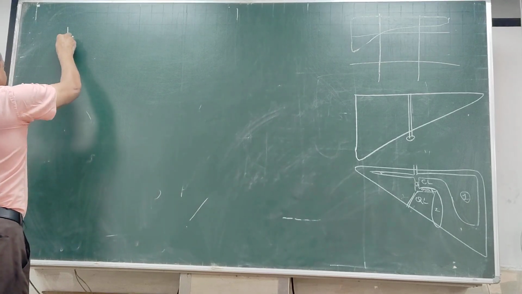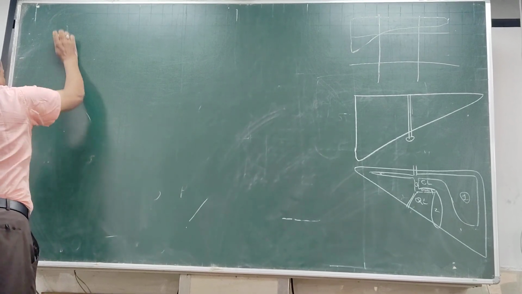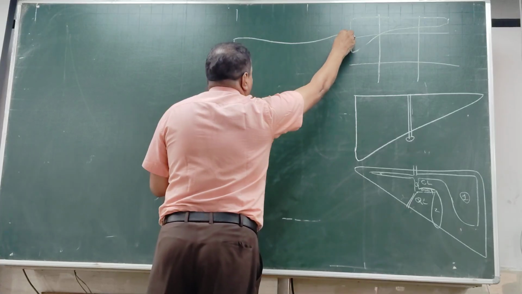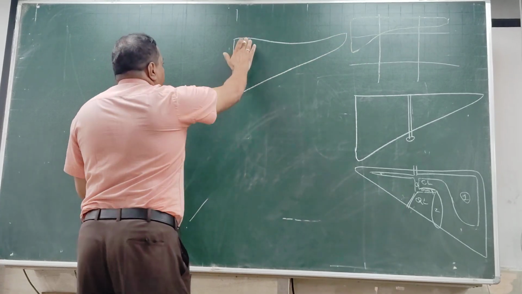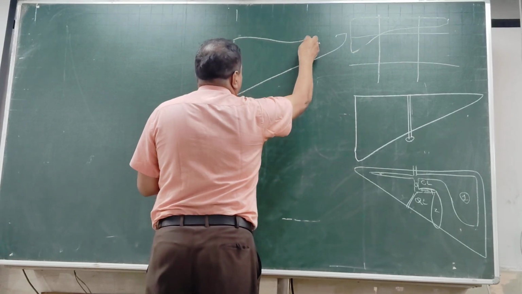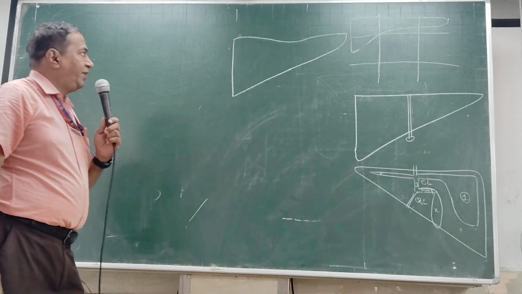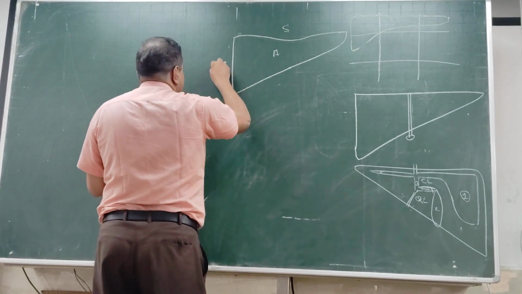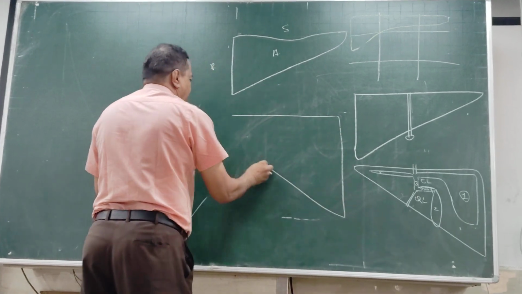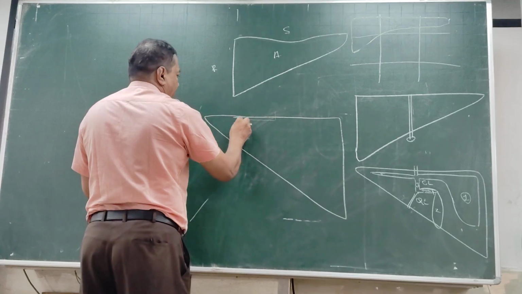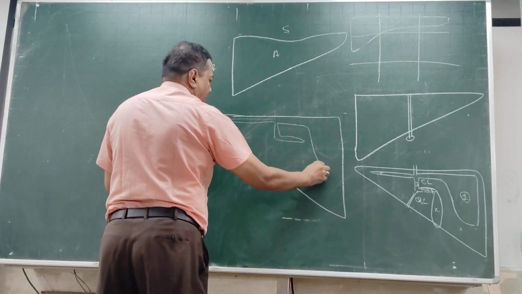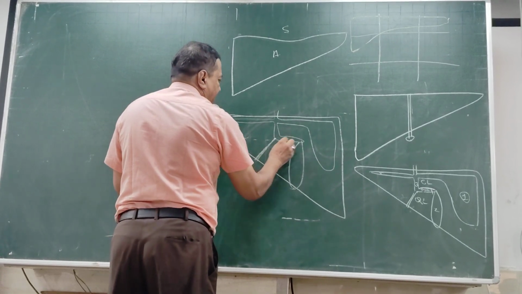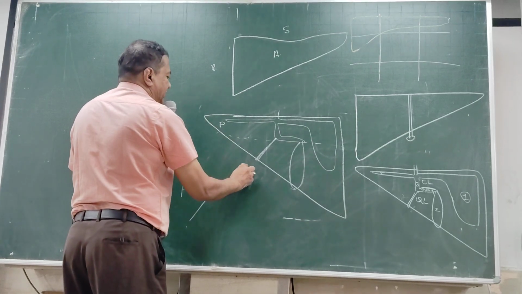Now let's go to the visceral relations of the liver. When it comes to the visceral relations of the liver, we divide the liver into 5 surfaces: superior surface, anterior surface, right surface, and then grossly, this is posterior surface and this is inferior surface.